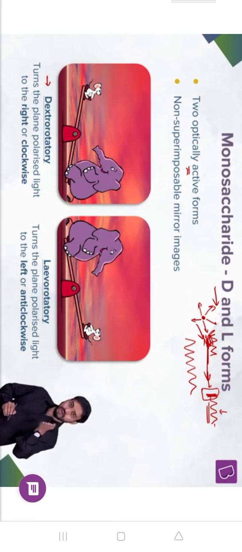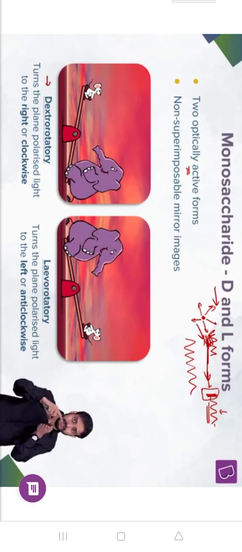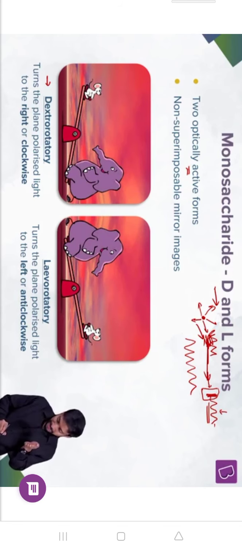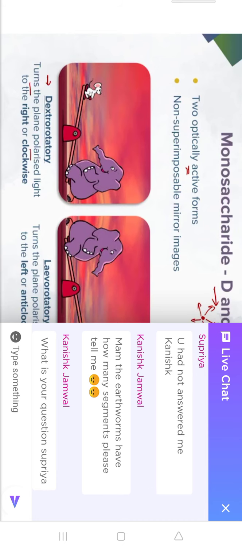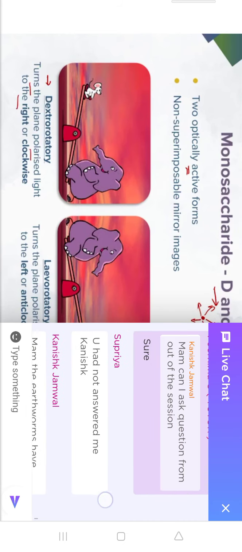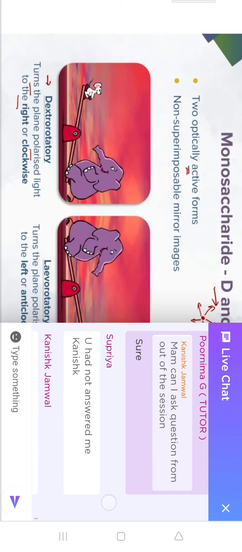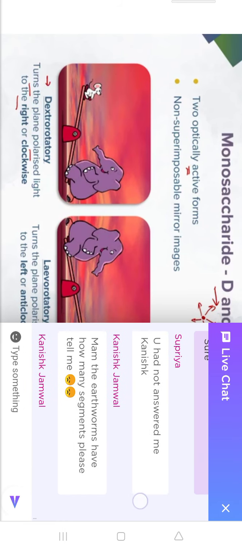Now, dextrorotatory means if the molecule of a particular compound is here, fine, and it is optically active, then what will happen? It turns the plane polarized light, this is a polarized light, to the right or clockwise direction. It's towards me. So if I talk from my perspective, it is towards the right, correct? This is my right.